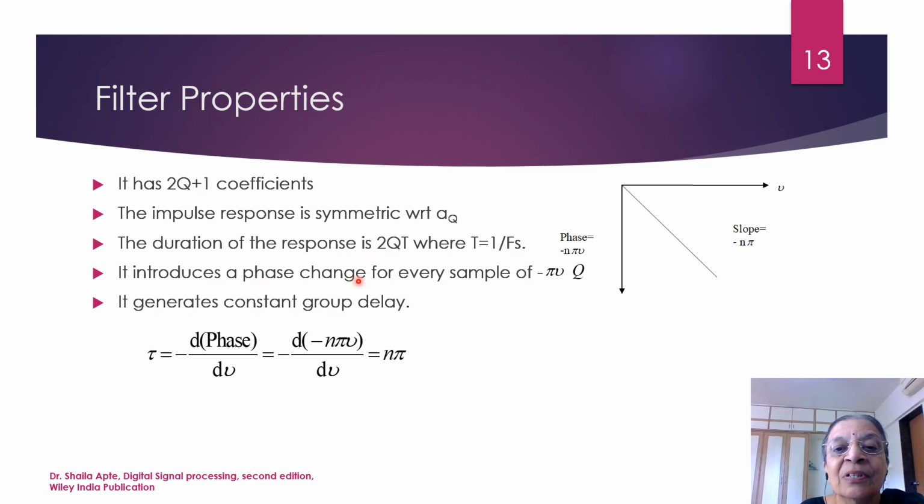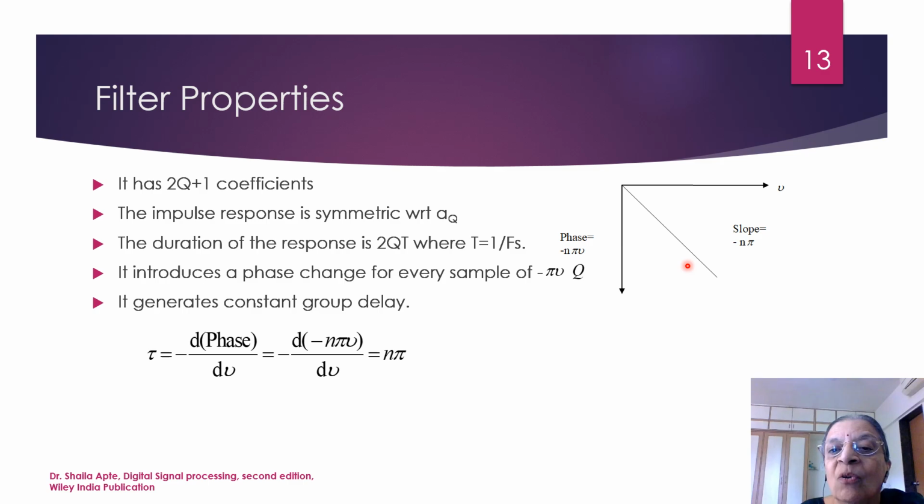It introduces a phase change for every sample equal to minus n pi nu. When we introduce a delay of q samples, a delay of q pi nu will be introduced for every sample. So as I increase the value of frequency, the corresponding phase also linearly increases, because it is equal to minus n pi nu. The slope of this is minus n pi. In this case, it indicates that the phase is constant.